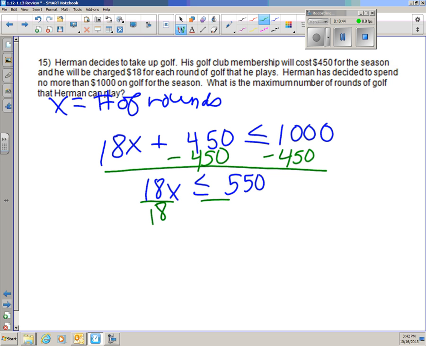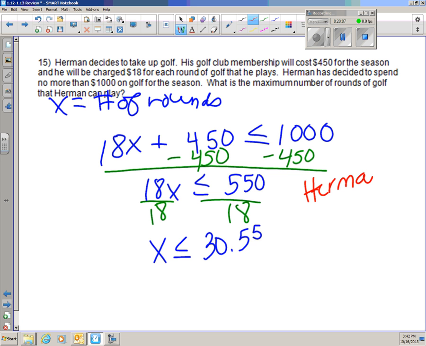Divide both sides by 18. This does not come out to be an even value. It comes out to be a decimal. But we're trying to find out the maximum number of golf rounds he can play. I can't round this up. I have to round it down. So Herman can play a max of 30 rounds.